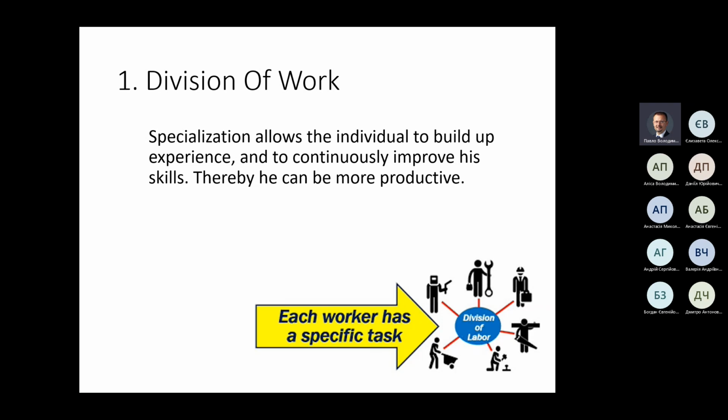In this case, a worker can understand the beginning of the business process and the end of the business process. And in this situation, he or she will be more interested in the successful completion of the task.